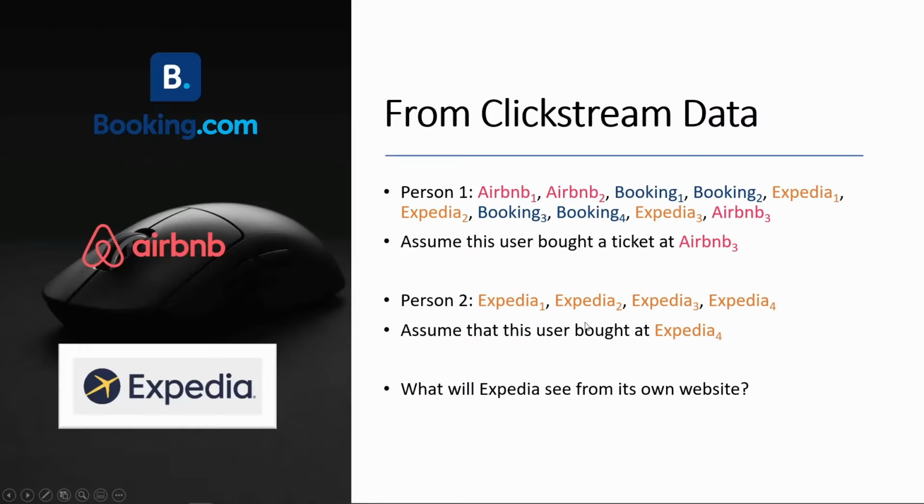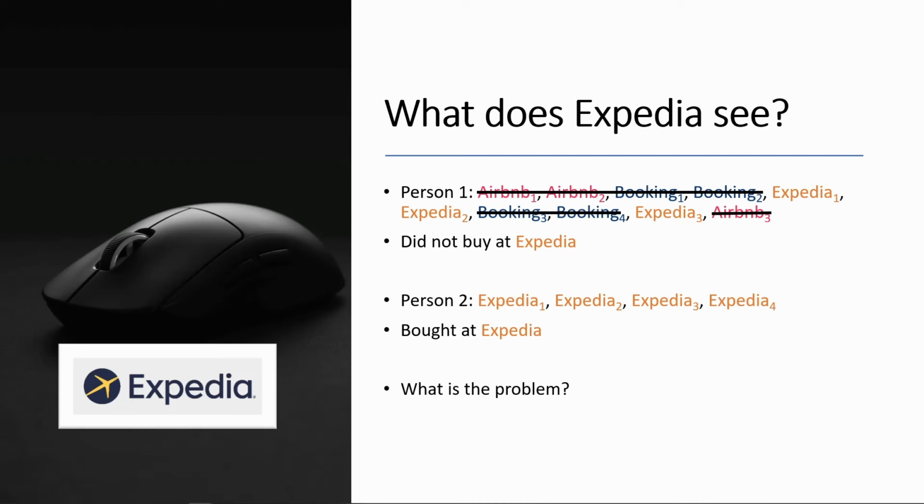So here's what happened to Expedia. Expedia directly would not be able to observe the visits to Airbnb or Booking. So for person 1, Expedia would only see the visits to Expedia, and the history would look like this.